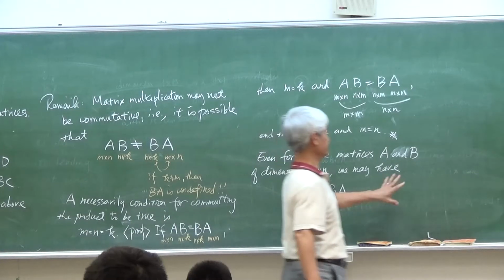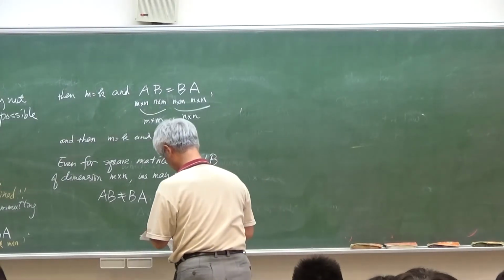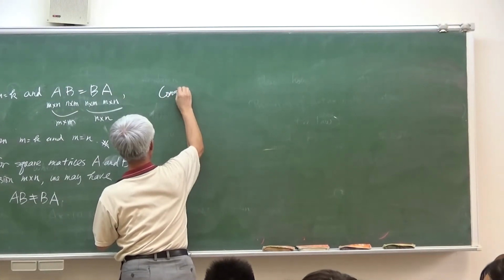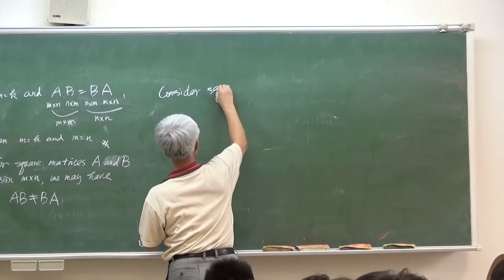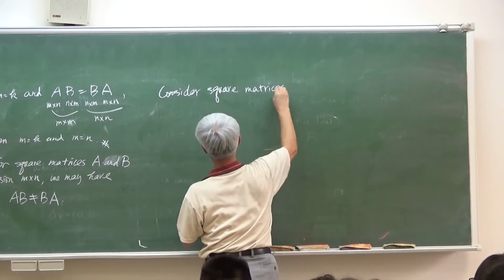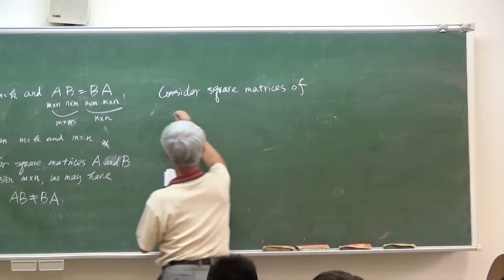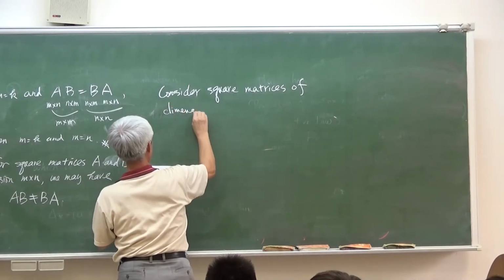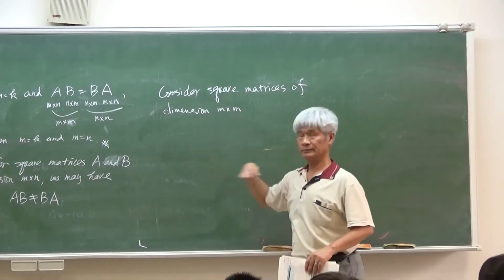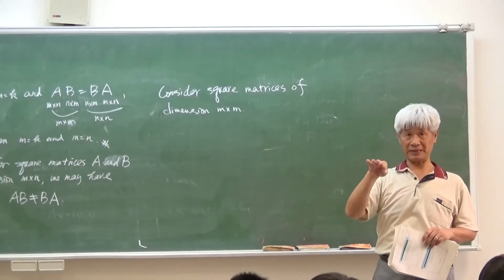Okay, so this is a lot. Alright, now we will consider square matrices. From here we will consider only square matrices of dimension n times n.